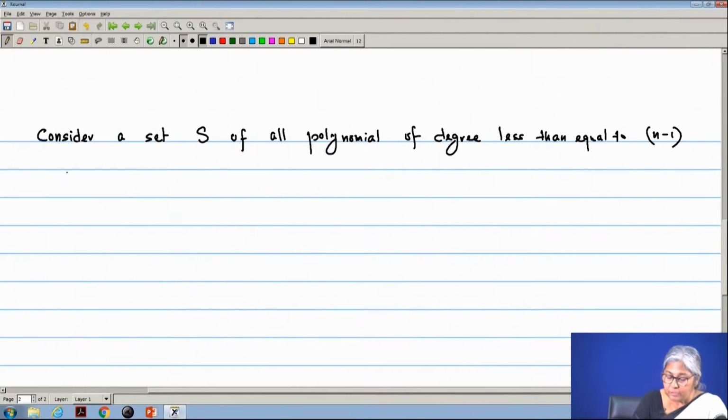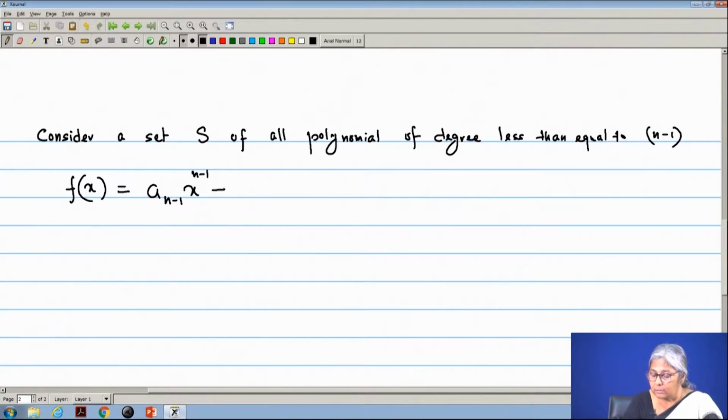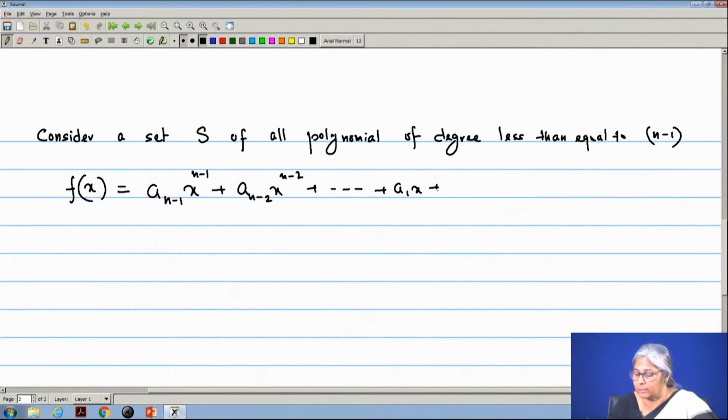So, we write f(x) equal to a_{n-1} x^{n-1}, since the highest degree is n minus 1, plus a_{n-2} x^{n-2}, and so on, plus a_1 x plus a_0, which we can write as the sum for i equal to 0 to n minus 1 of a_i x to the power i.